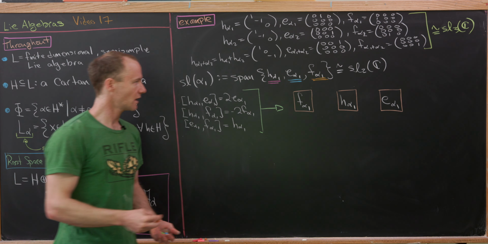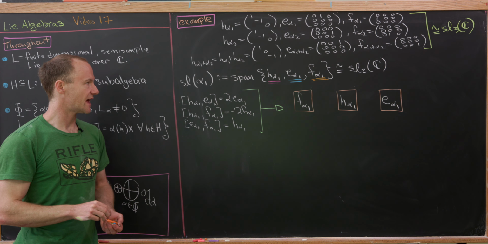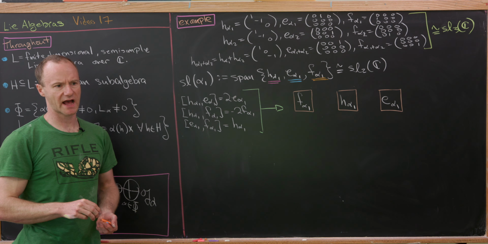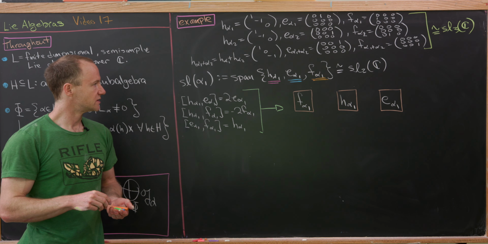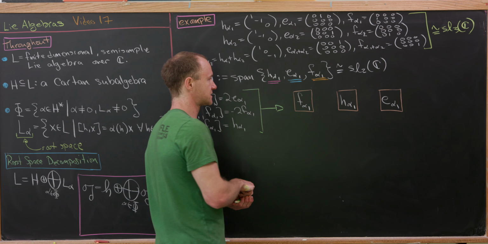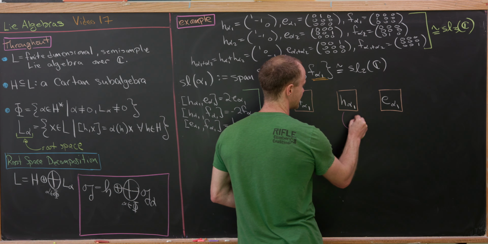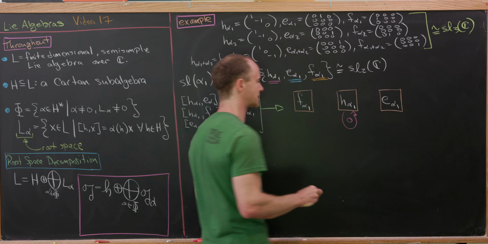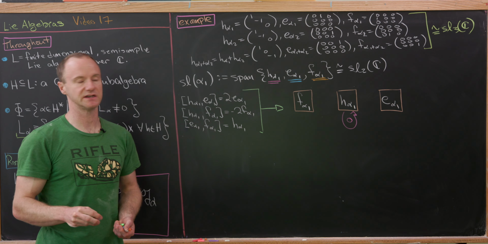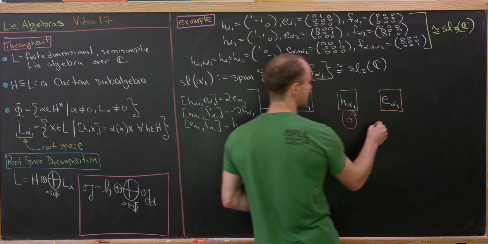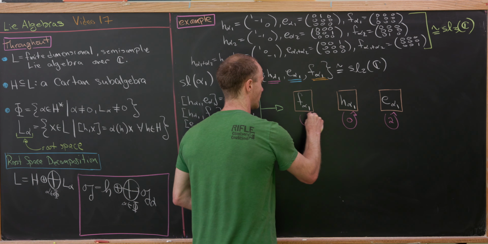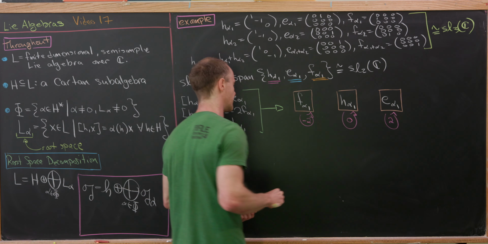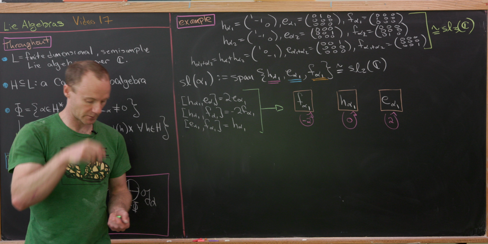Notice that H alpha 1 will act via an eigenvector-eigenvalue relationship. What it does is take H alpha 1 and send it back to itself with an eigenvalue of 0. It'll take E alpha 1 and send it to itself with an eigenvalue of 2, and F alpha 1 and send it back to itself with an eigenvalue of minus 2.